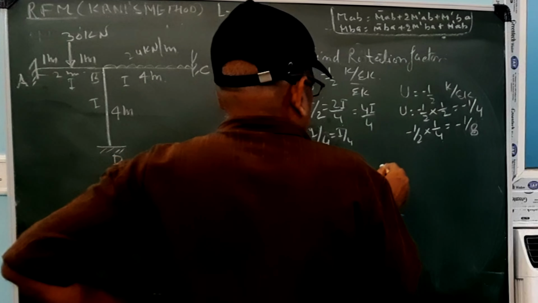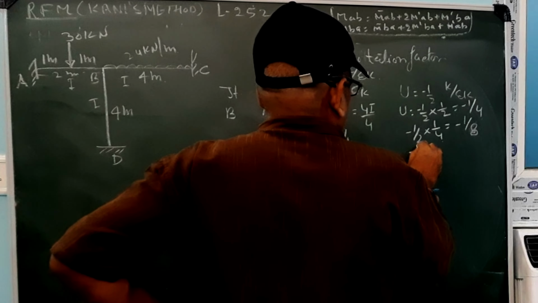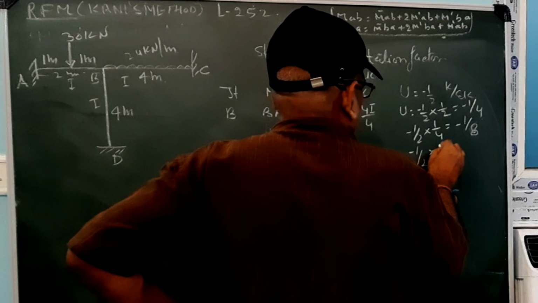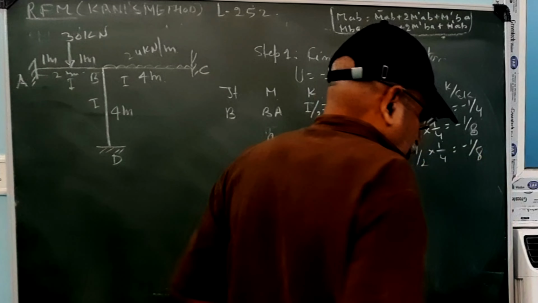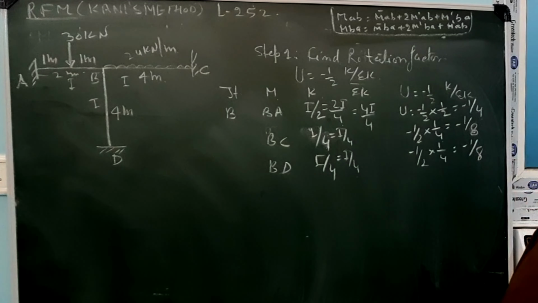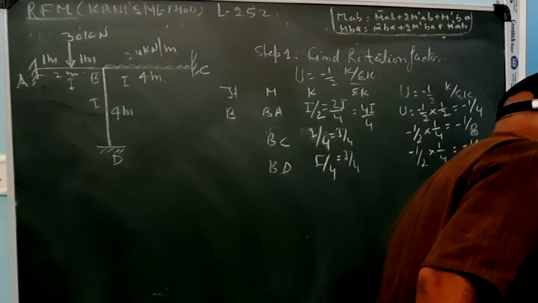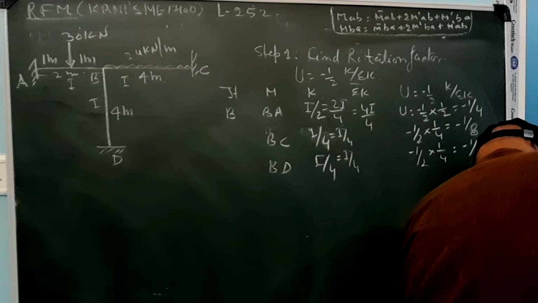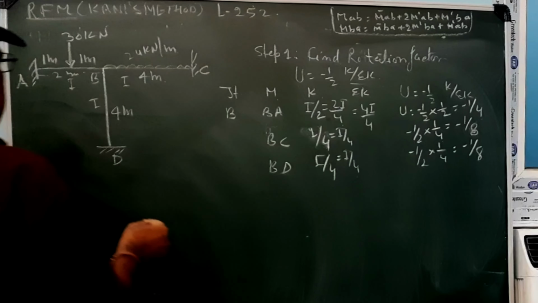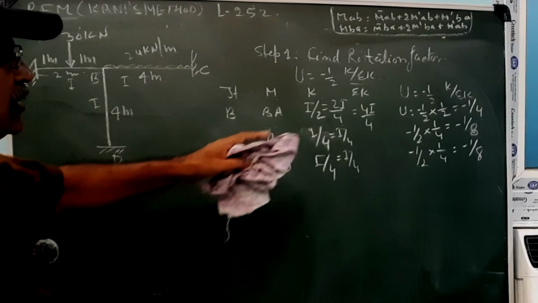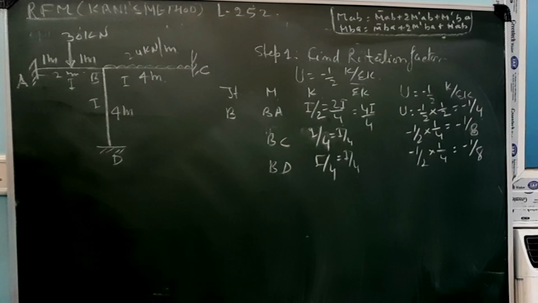And what about this? This is also -1/2 into 1/4, so this is -1/8. So we are getting these values -1/4, -1/8, -1/8.